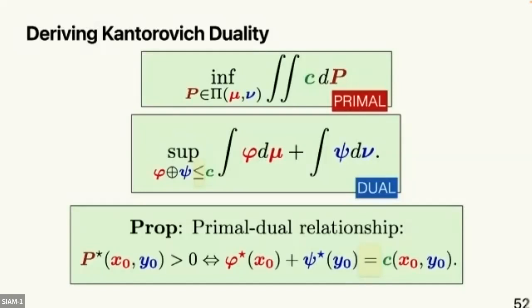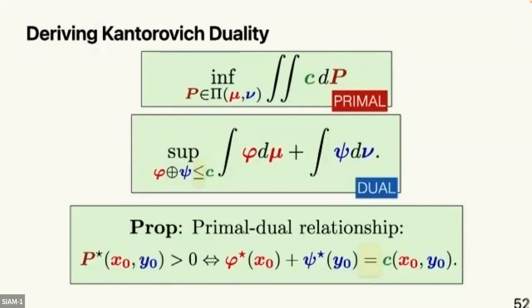Now, I don't have the time to go into the details, but this plays an extremely important role. It's a very well-known result in linear programming duality. There is a very important relationship that links whatever better coupling you might come up with here with whatever better test functions you might come up with there. So in linear programming you have the primal-dual relationships, which more generally can be called KKT conditions, but here it's a bit simpler than KKT conditions.